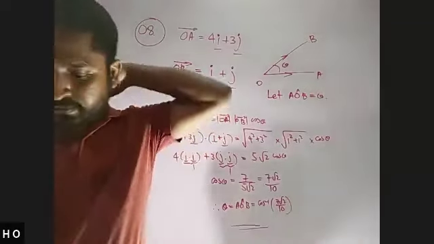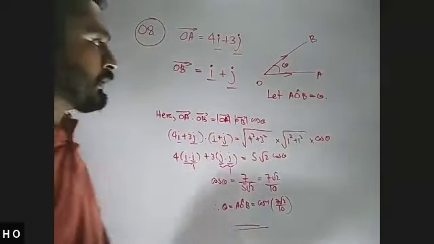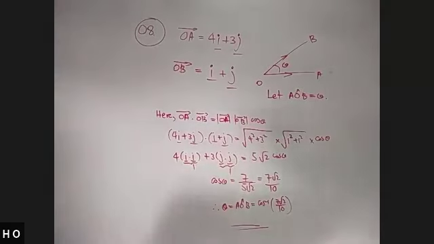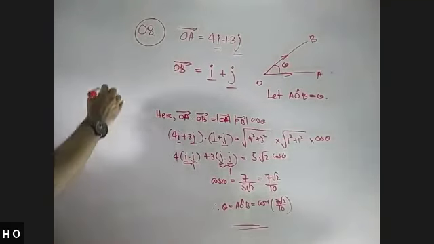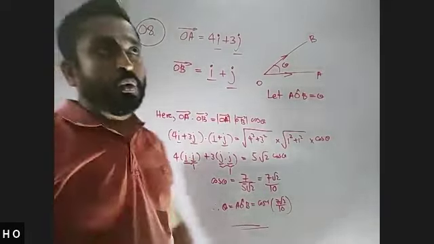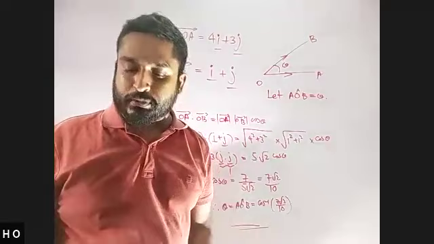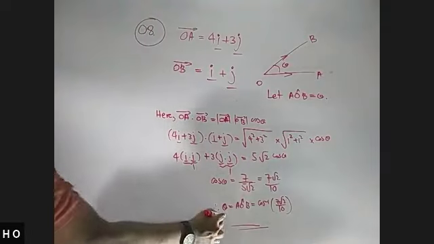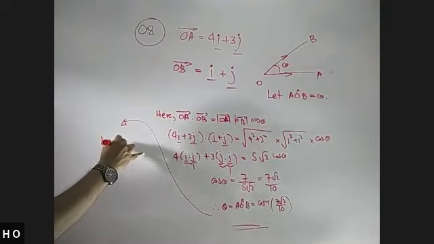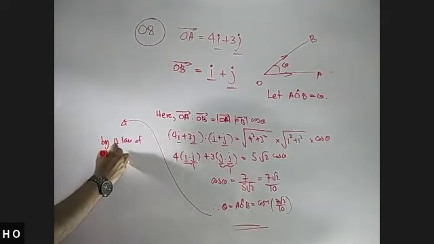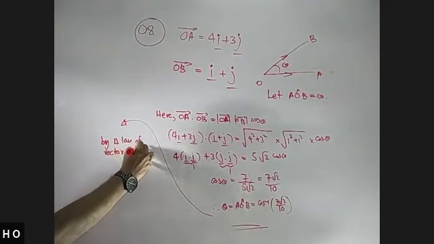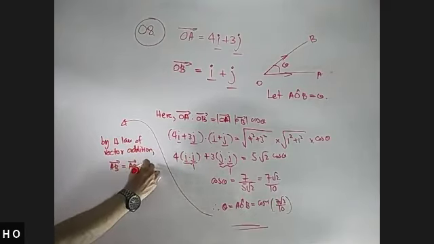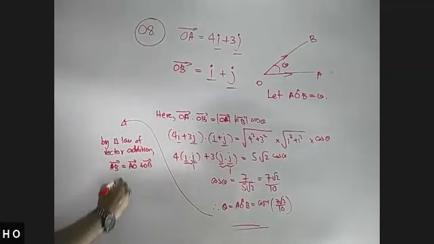The second part: the position vector of C is such that OC is perpendicular to AB. To show that OC is perpendicular to AB, you need to know the AB vector. By triangle of vector addition, because you don't know AB, AB is AO plus OB.